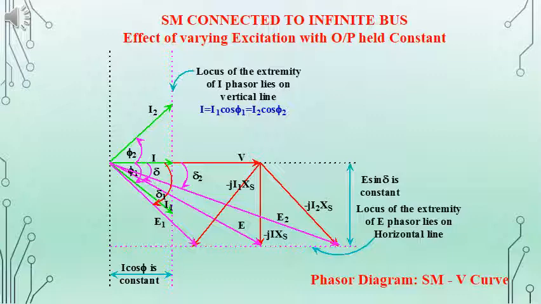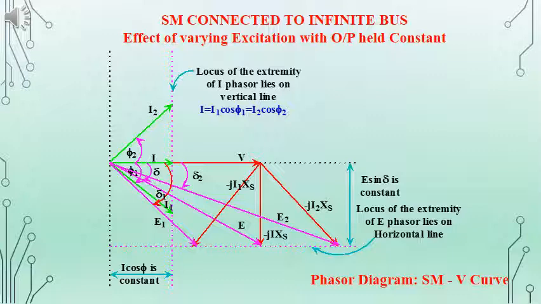And for leading power factor condition, the excitation is E2 and is greater in magnitude compared to the normal excitation E, as in the case of unity power factor condition.